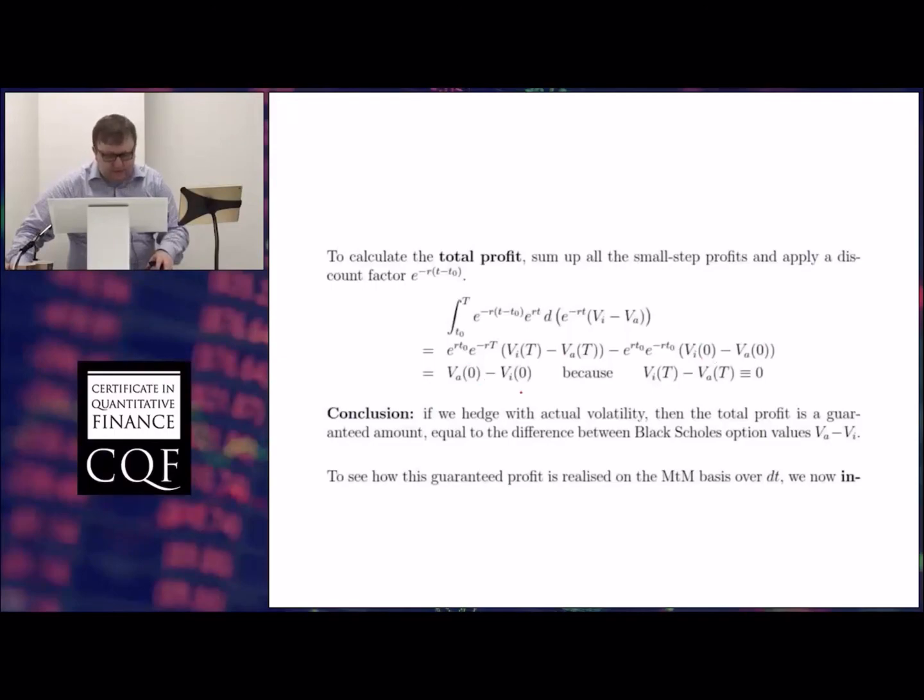And then after the algebra, we end up with the Black-Scholes price of the option at time 0, minus the Black-Scholes price of the option at the implied volatility, again at time 0. So simple like this. Now let me show you the result.